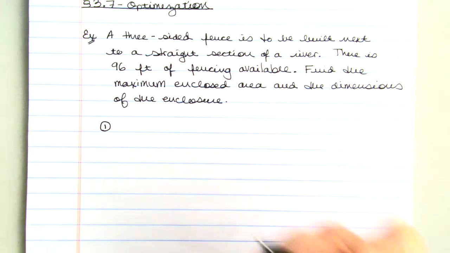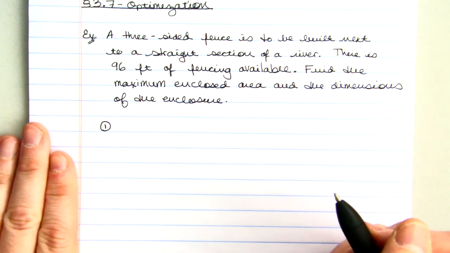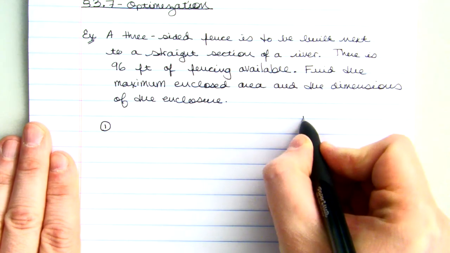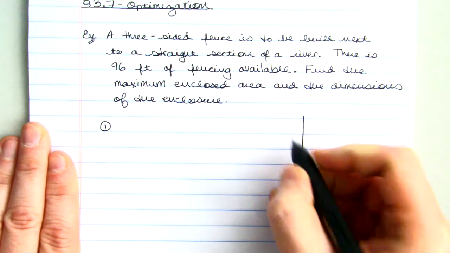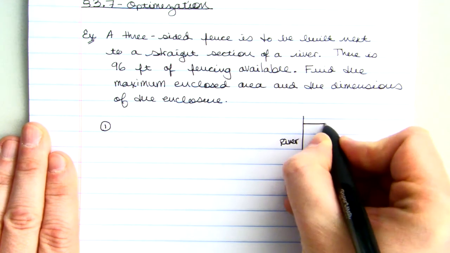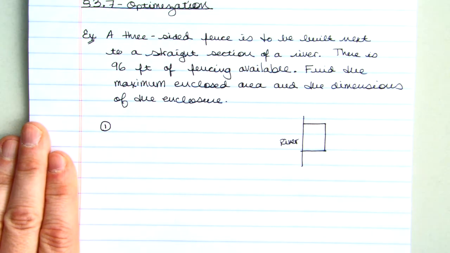Step number 1, we need to determine a primary equation, something we want to maximize or minimize. And you know what, before we do that, I think we should draw a picture of what's going on here. Got a straight section of a river. That's my river. There are my 3 sides of the fence.